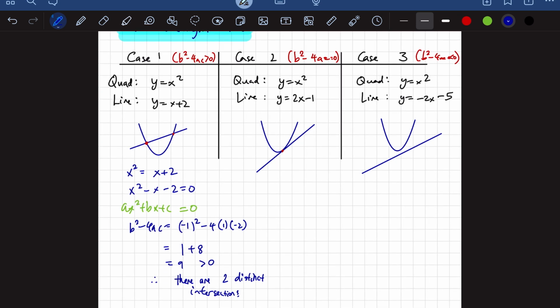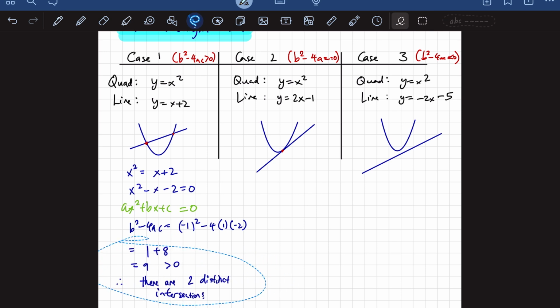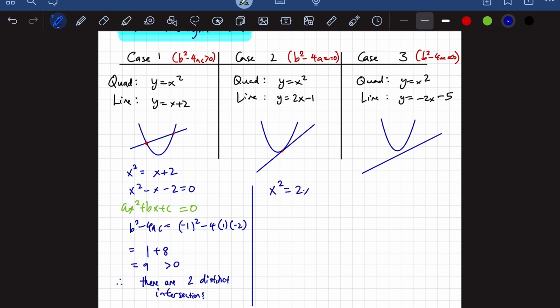Now we're going to repeat the same thing for case number 2. We're going to check the discriminant, and likely it's going to be equal to 0. Let's check it out. x squared equals 2x minus 1, so x squared minus 2x plus 1 equals 0.